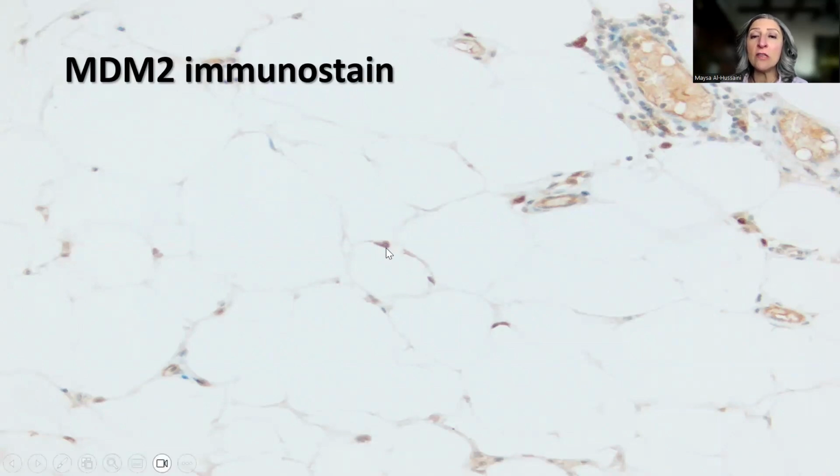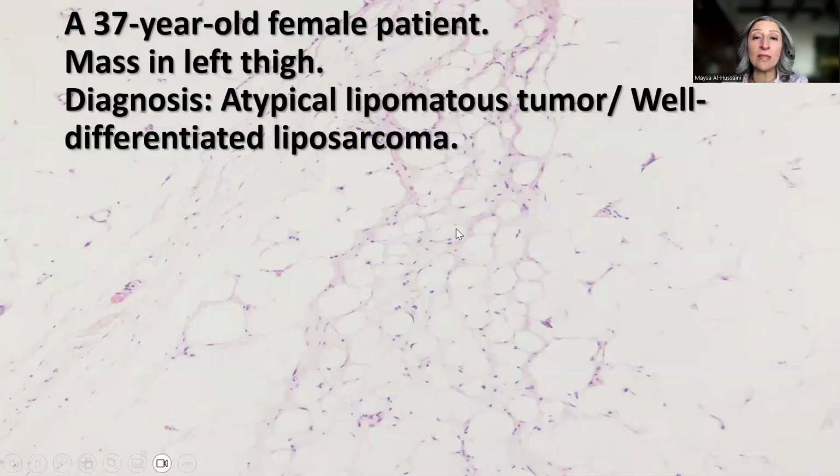And again, in this case, supporting what we saw within the copy number variation profile testing for the MDM2 amplification, you can see here some nuclear staining that is seen in some nuclei of the atypical lipoblasts, supporting the diagnosis.